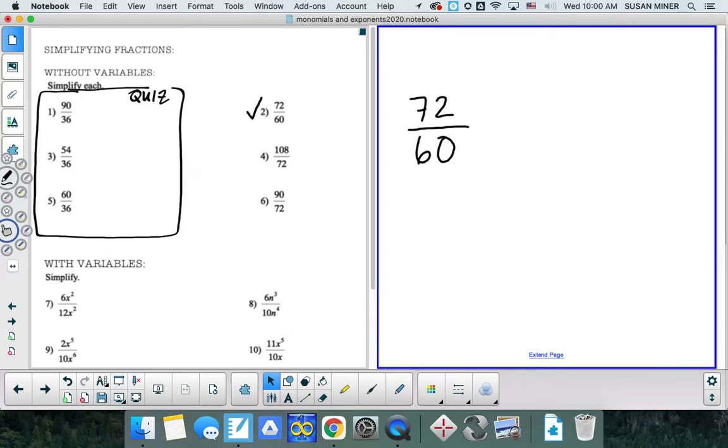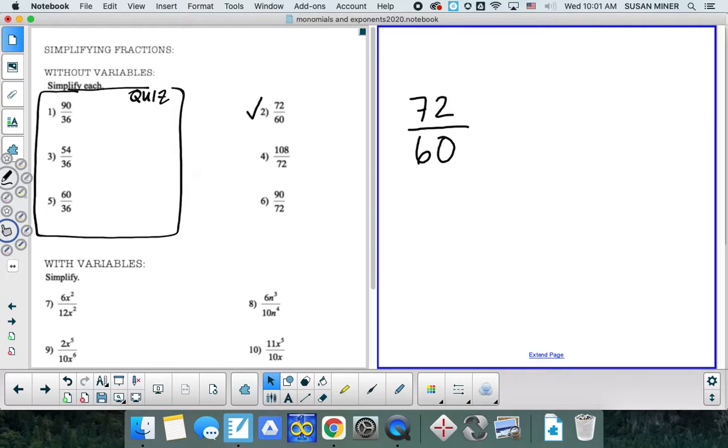So if I start thinking about the number 72, what are some numbers that I can multiply together in order to get 72? And I also am at the same time thinking in my mind about the number 60. What are some numbers that I multiply together to get the number 60? And is there a number that they have in common?